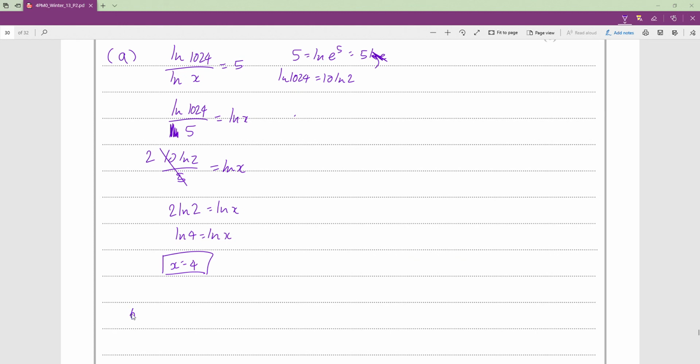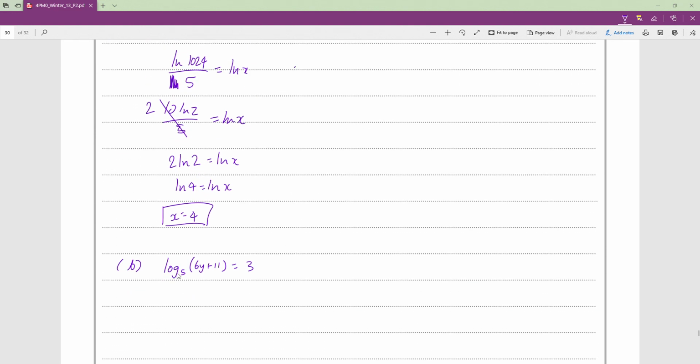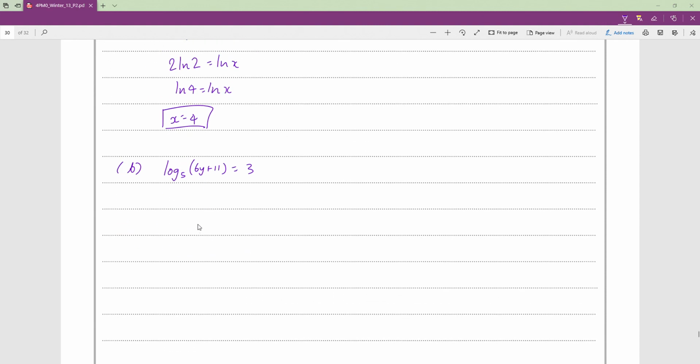Alright, so b. Log 5, 6y plus 11 is 3. I think the direct thing to do is to just raise both of the sides to be a power of 5. So 5 to the log 5, 6y plus 11 is equal to 5 to the power of 3.